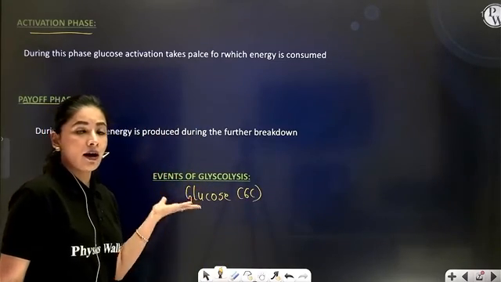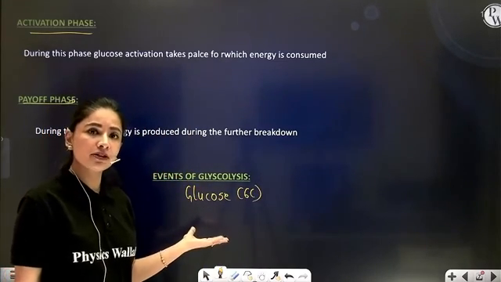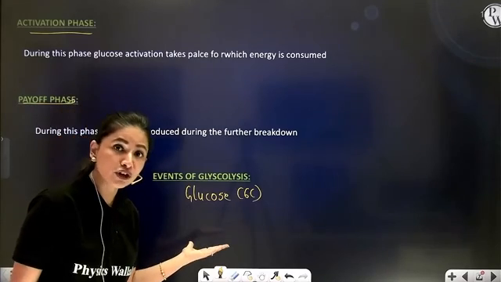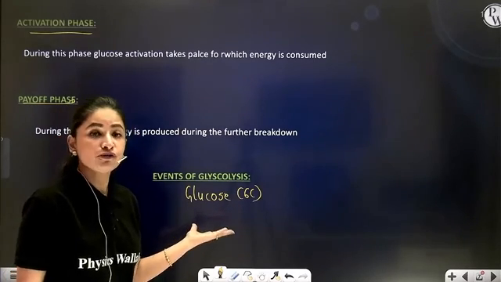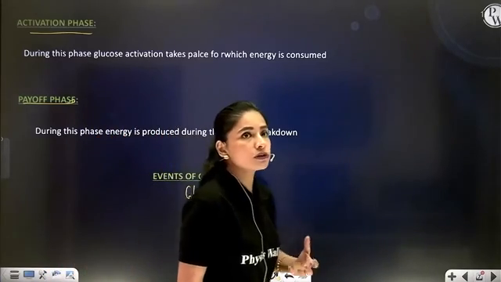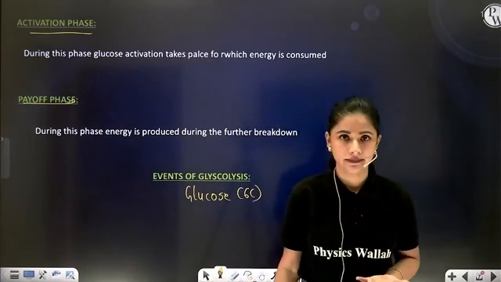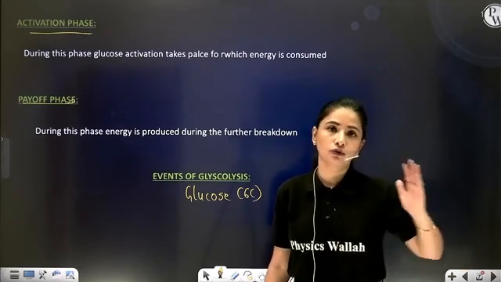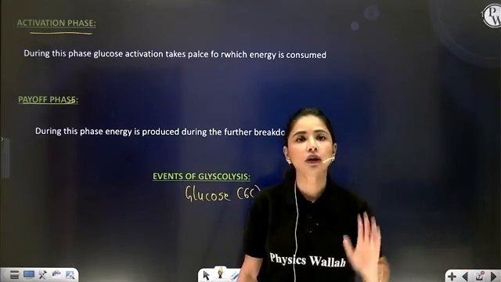Now I have glucose as my respiratory substrate. The first step will be phosphorylation of glucose. Glucose first needs to be made ready to undergo breakdown, to undergo oxidation.